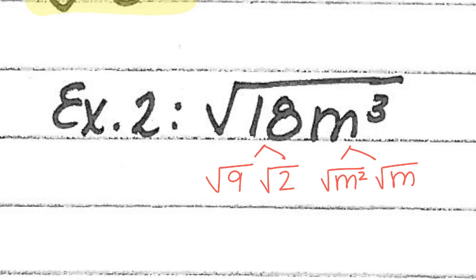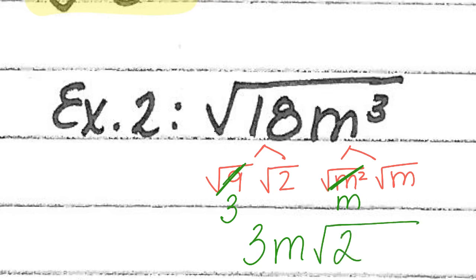And again, we're going to cancel out what we can cancel out. I know that the square root of 9 is 3, and the square root of m squared is m. So I'm going to take out what I can take out and leave in what I can leave in. So I have 3m times the square root of 2m.